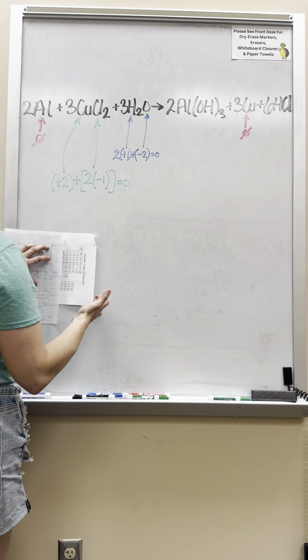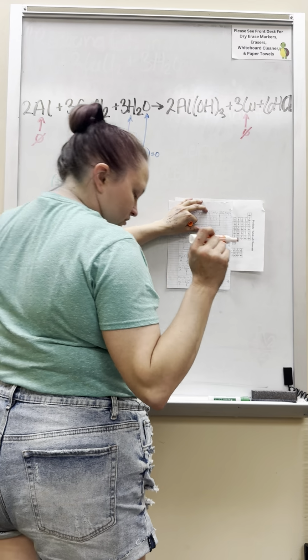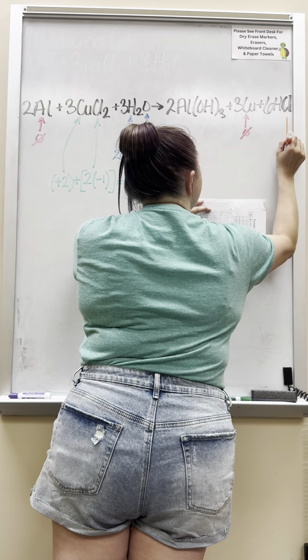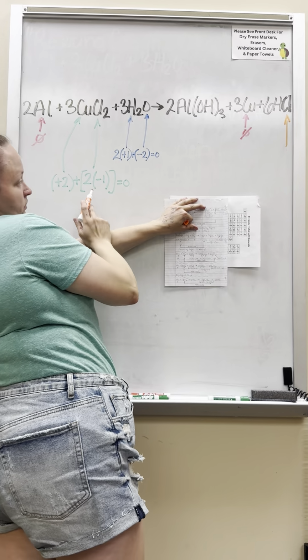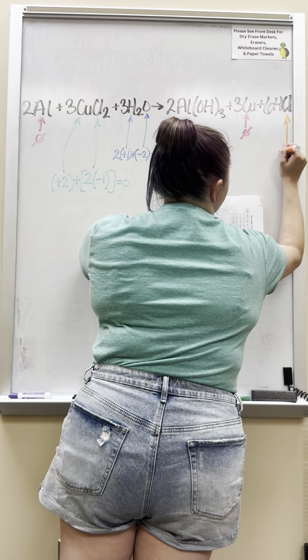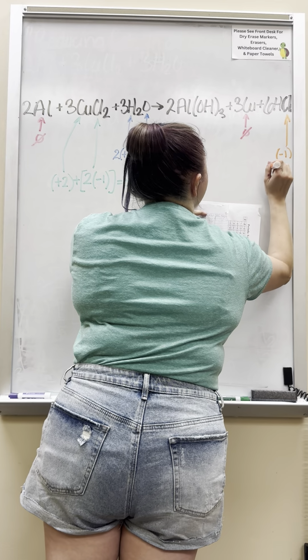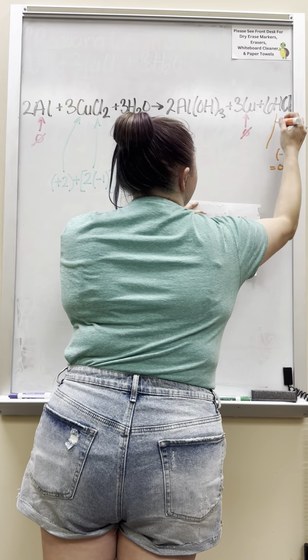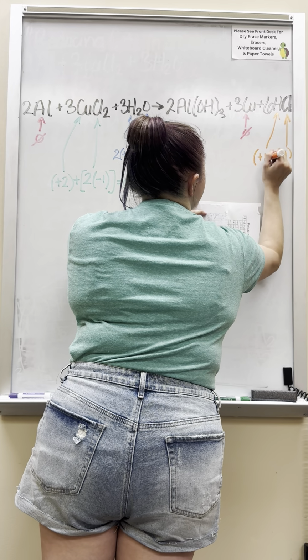And let's move on over here. Let's do HCl. So we know Cl, as we said, is -1, and H in this case is going to be +1.